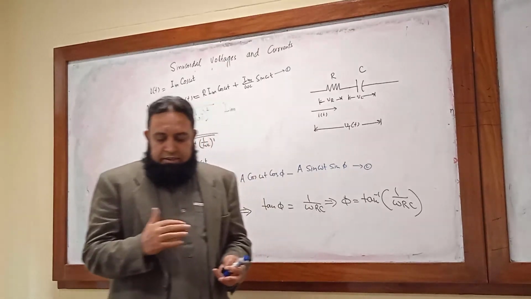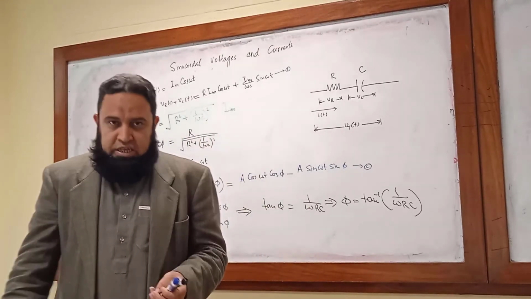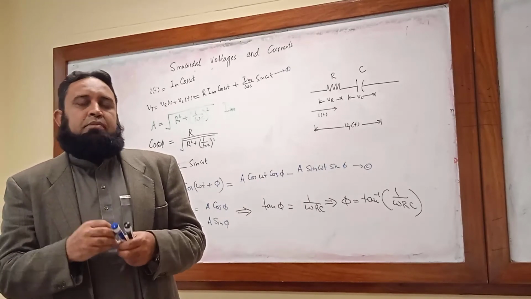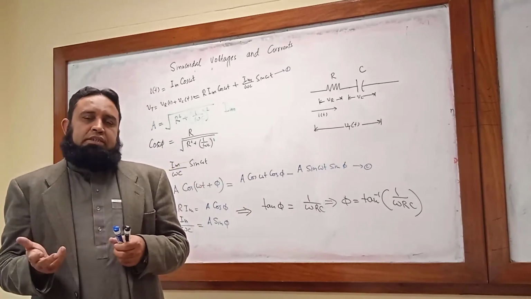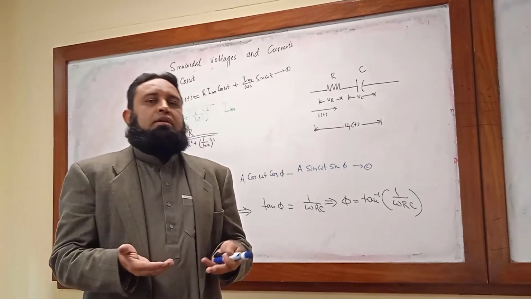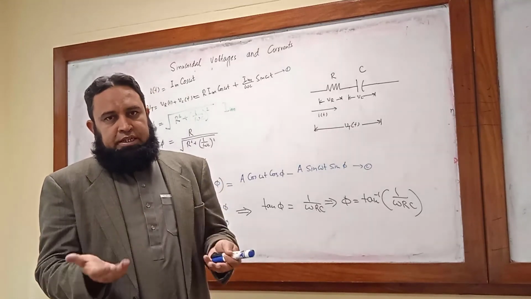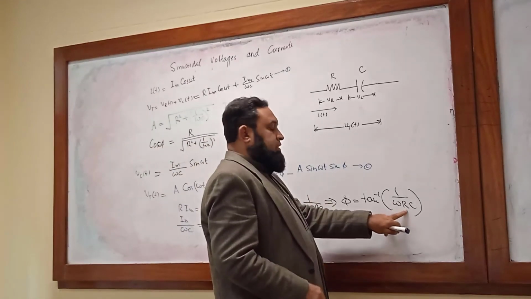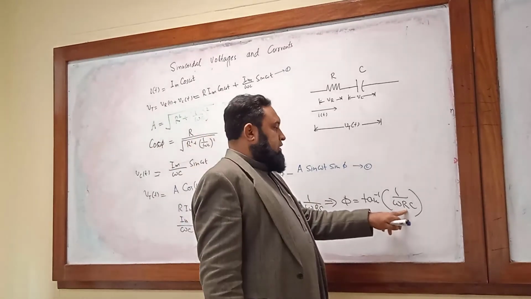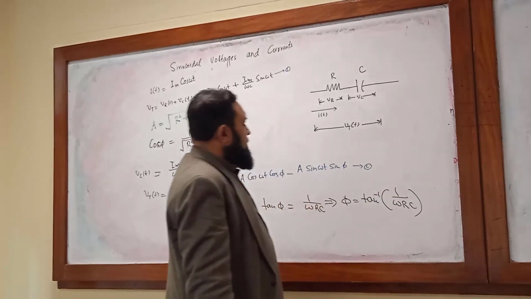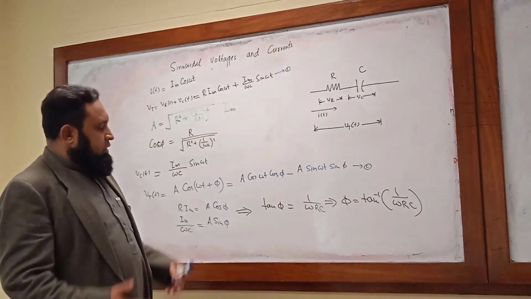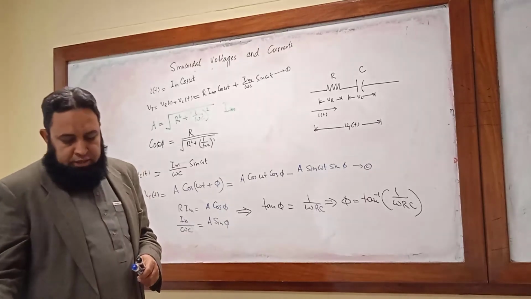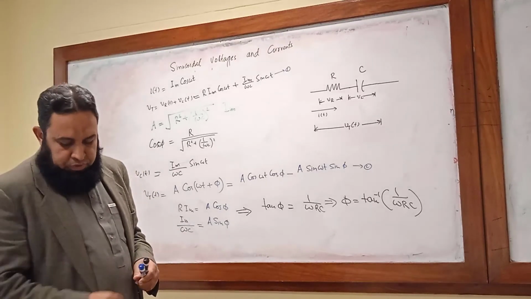So by changing the value of R with respect to C, we can make the circuit more capacitive or more resistive just by changing the value of R. If you make R very, very large, then of course this circuit will be more resistive. If you make the value of R very, very small, then this circuit will be more capacitive. Okay.